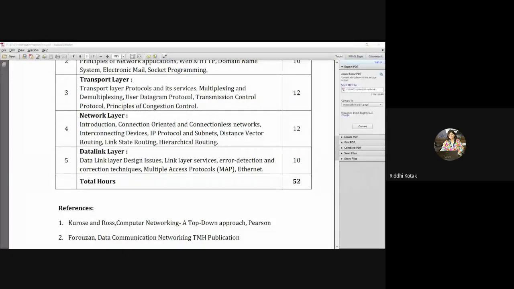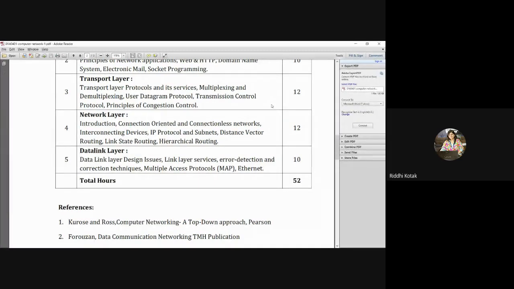And from the network layer, in terms of your knowledge, your viva or exam point of view, many important points are there in this unit, so make sure you prepare it very well. First we discussed the functionality of network layer, then connection oriented and connectionless networks.